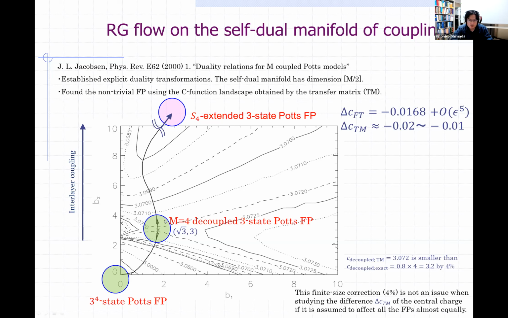And the theoretical prediction for the shift of central charge is minus 0.0168. Precision is not high, but it matches the measurement from transfer matrices. So even at m equals 4, an S4 extended 3-state Potts fixed point candidate is found.